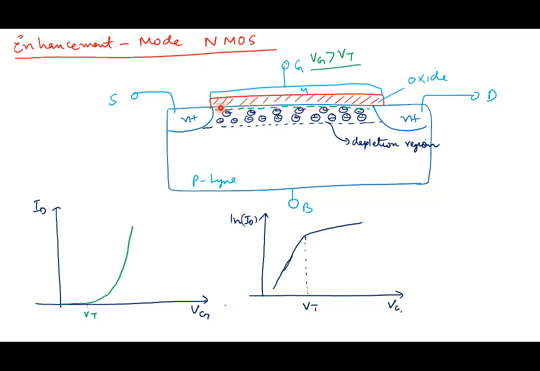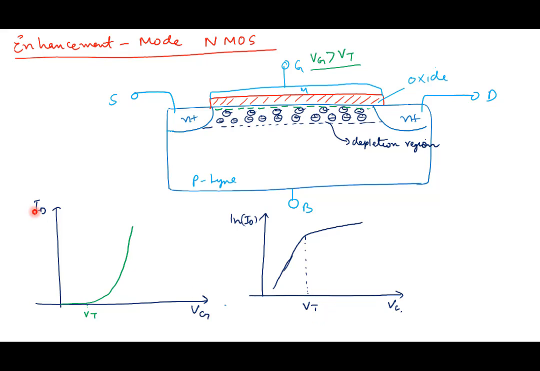So we have created an inversion layer. The semiconductor was p-type, but at the surface we have created a region which is rich in electrons, and we call this the inversion layer. So the channel now becomes significant, and the current also becomes significant. All this happens when you exceed a voltage called VT.